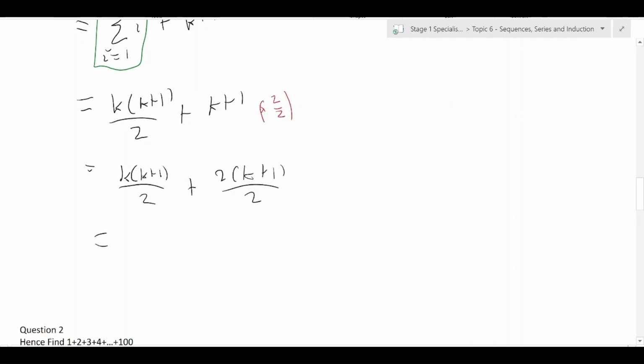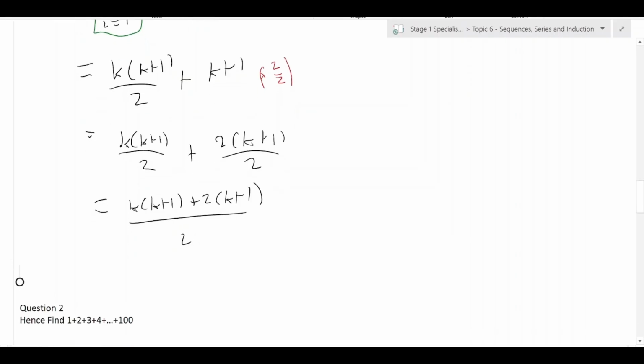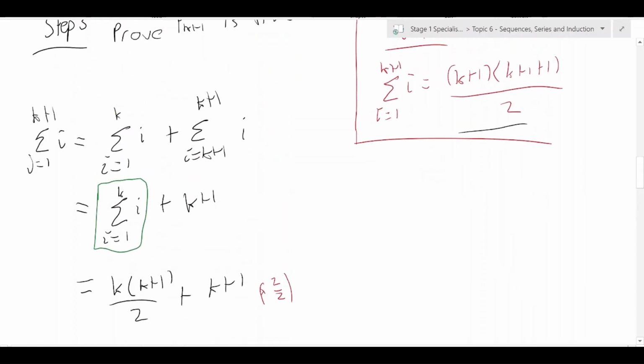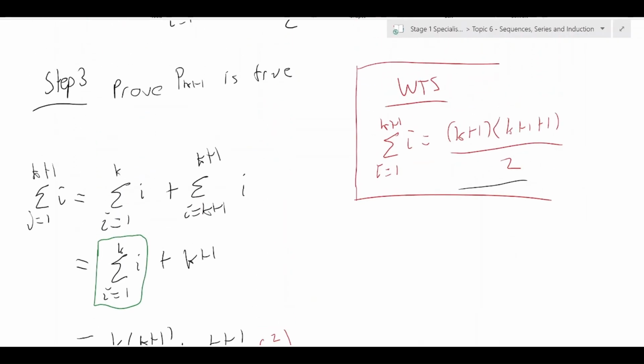And the reason we do that is now we can write everything over 2. Then we could look for common factors here. Common factor here is K plus 1. And what am I left with? I'm left with K plus 2 over 2. And that looks almost like what we want to show, because that thing there is just K plus 2. So it looks like we've done it.